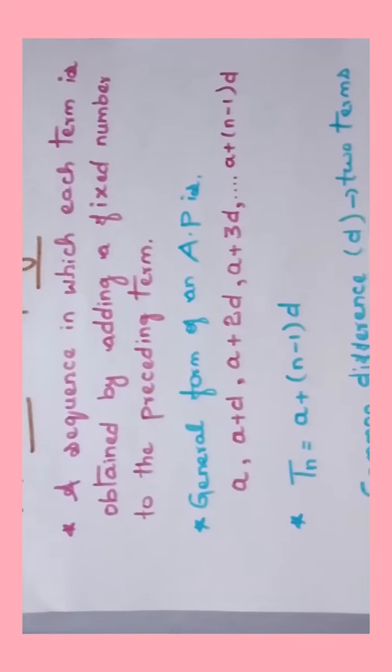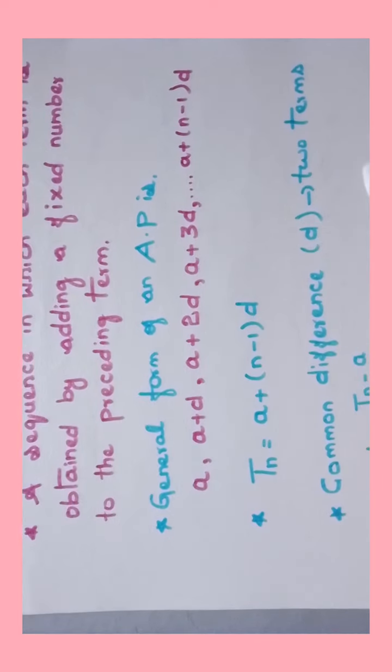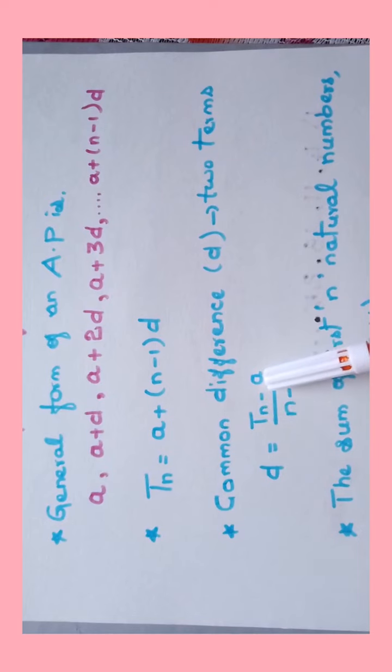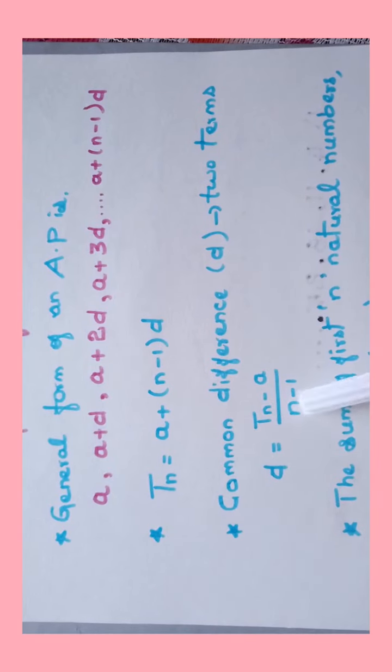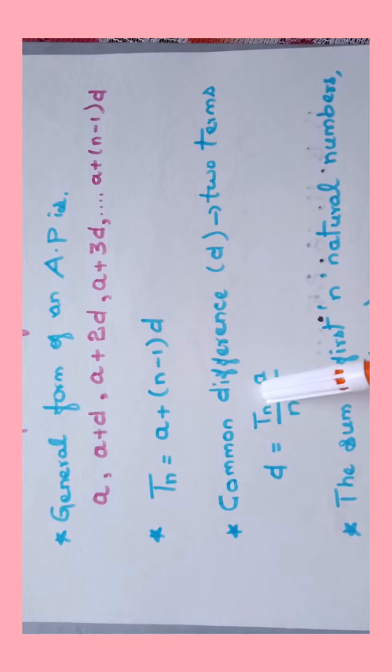The general formula to calculate the nth term is Tn is equal to a plus n minus 1 into d. If you calculate the common difference, d is equal to Tn minus a divided by n minus 1. So you can rearrange these terms to get d.